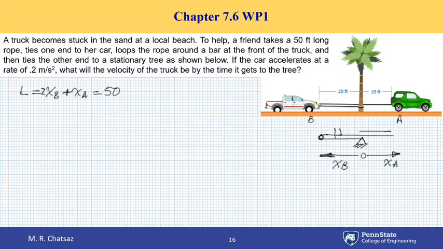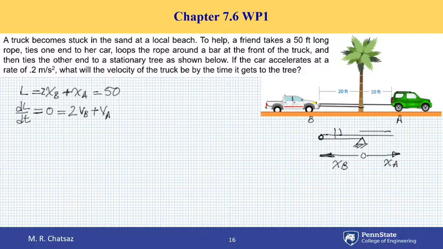By definition, if I take the time derivative of both sides, the fact that length is fixed, its derivative is 0. So for the right side of the equation, I have 2 times derivative of x_B, which is 2v_B, plus derivative of x_A, which is velocity of point A. If you like, you can use x dot to mean first derivative of position, which is actually velocity, or x double dot as the second derivative.